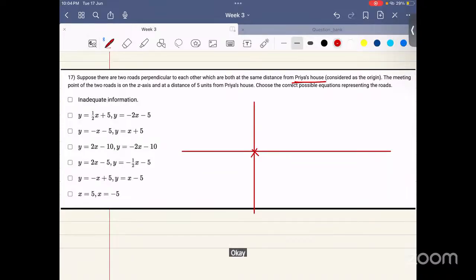The meeting point of these two roads is on the x-axis and at a distance of 5 from it. So it can be here and it can be here, right? Correct? Yeah. So it can be (5, 0) or (-5, 0).